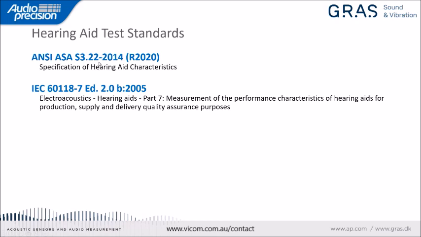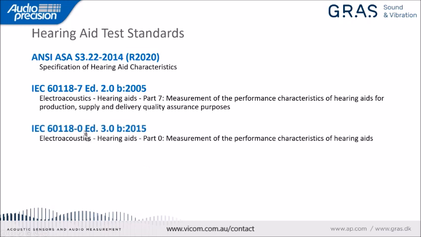The two are virtually identical, just a couple of different tests in one versus the other, but they are largely the same. We also have the part 0 of the IEC 60118 series, and this one is titled Measurement of the Performance Characteristics of Hearing Aids. This is used more for research and development.